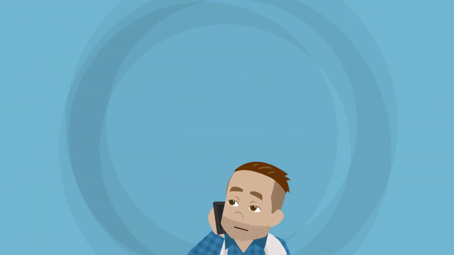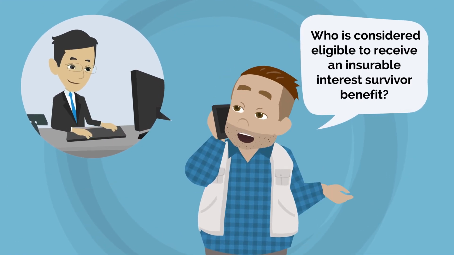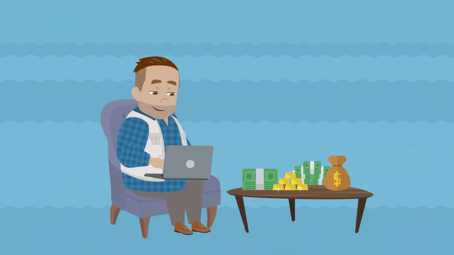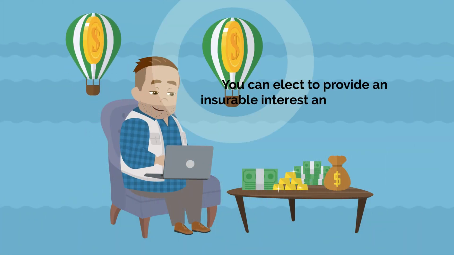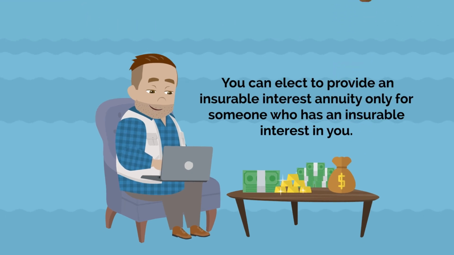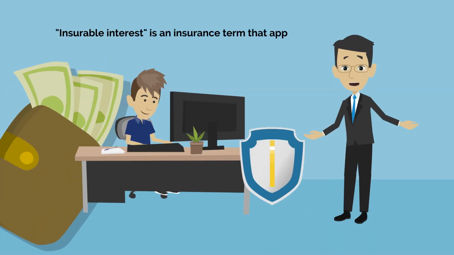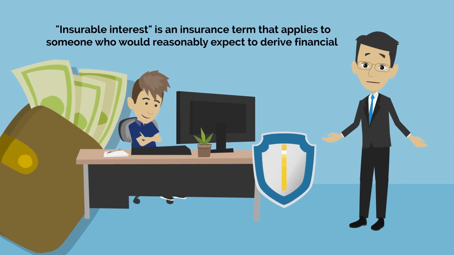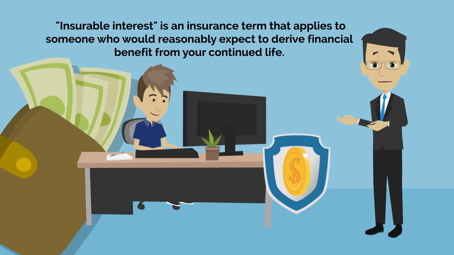Who is considered eligible to receive an insurable interest survivor benefit? You can elect to provide an insurable interest annuity only for someone who has an insurable interest in you. Insurable interest is an insurance term that applies to someone who would reasonably expect to derive financial benefit from your continued life.